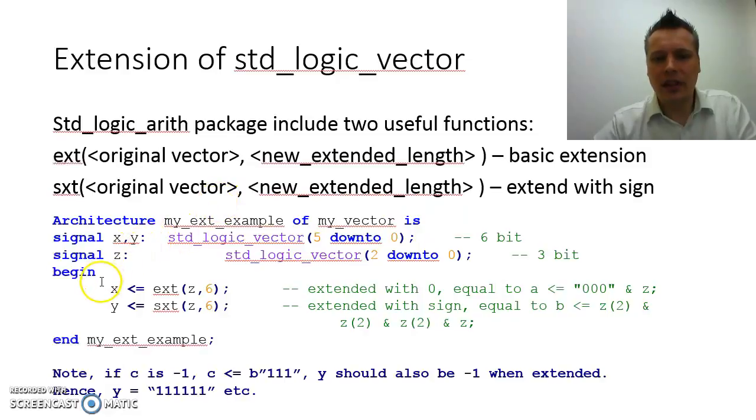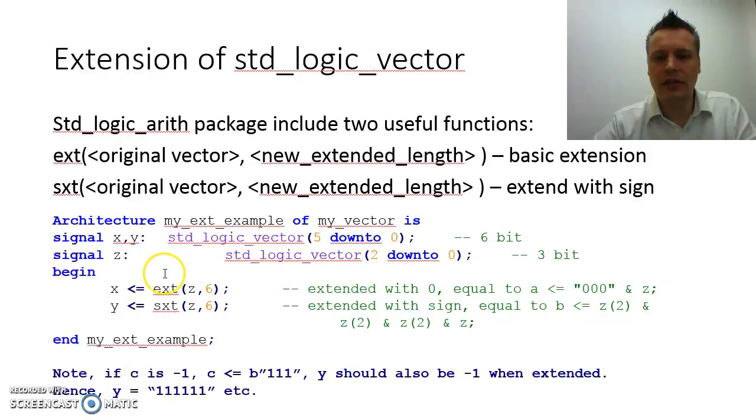You can see in the example here, it might be a little bit easier to see. We have an initial vector that's 3 bits, and we want to make it 6 bits. So we need to append 3 zeros, like in the other example.